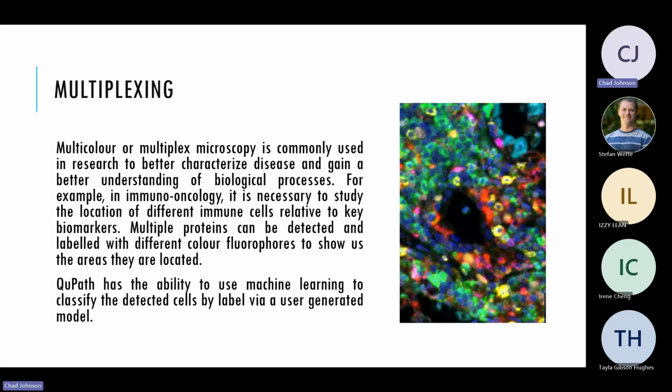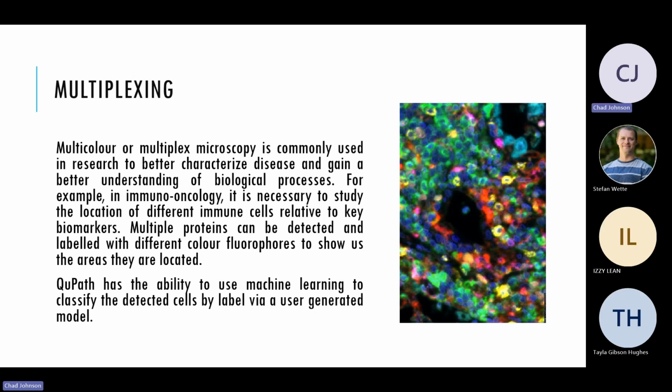Now, multiplexing or multicolor microscopy is used to allow us to characterize diseases and gain better understanding of biological processes. So if you have a whole bunch of markers that can be used to diagnose particular diseases, most likely cancer, it is very useful with multiplexing.